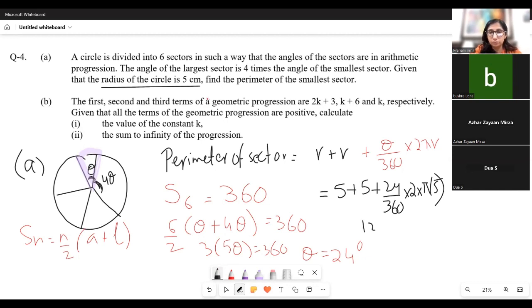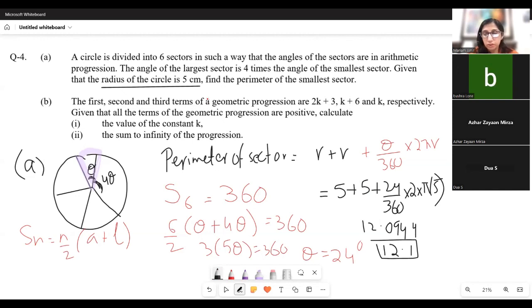That is 12.09, so 12.1. That's part A of question number 4.